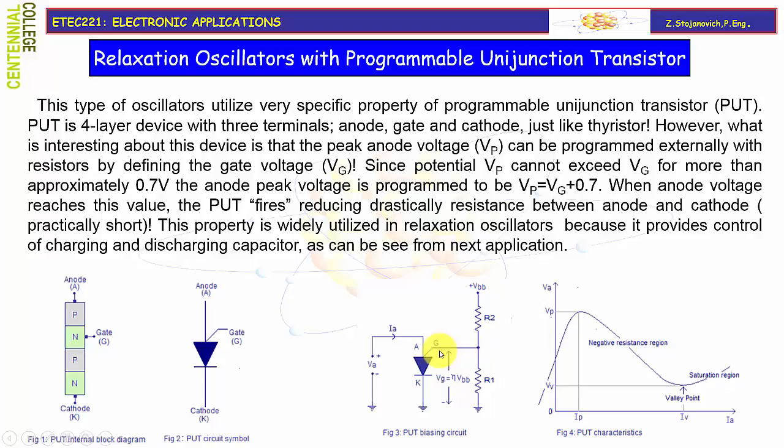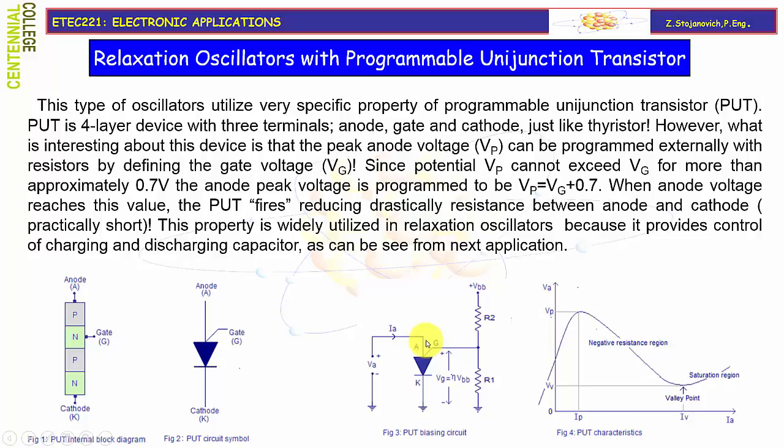Since potential Vp can never be higher than potential at the gate by more than 0.7, we can program the point where PUT will trigger on. When anode voltage reaches this value, the PUT fires, reducing the resistance between anode and cathode drastically, making it practically a short.